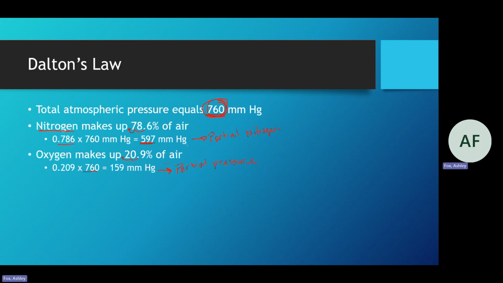So why is it significantly less? Well, there's significantly less oxygen making up the air. You would expect that since there are more nitrogen molecules making up this air, those nitrogen molecules are going to make up more of the pressure being exerted on the walls. There are more nitrogen molecules everywhere, so they're bouncing off the walls more often because there's a higher percentage versus oxygen.